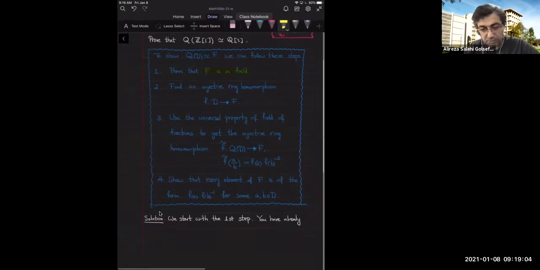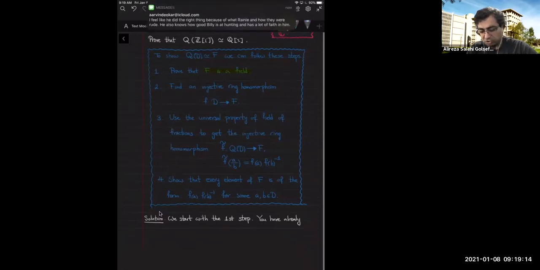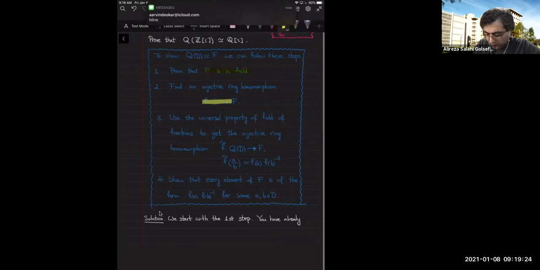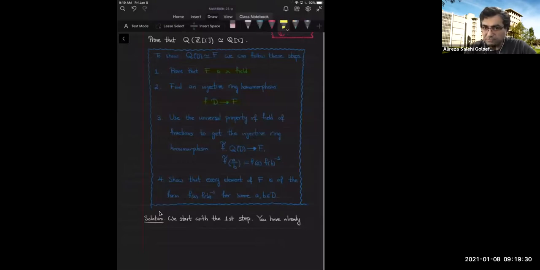The next thing is to find an injective ring homomorphism from D to this field F. Usually this step is quite natural, and we have a very natural embedding of this integral domain into another one. But that should be mentioned. We have to find an injective ring homomorphism from the given integral domain to this given ring F.